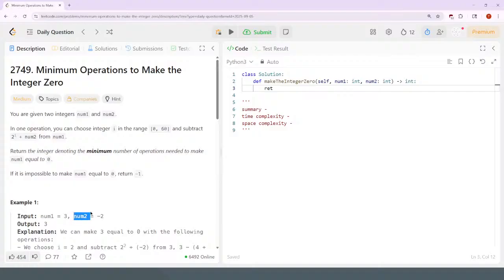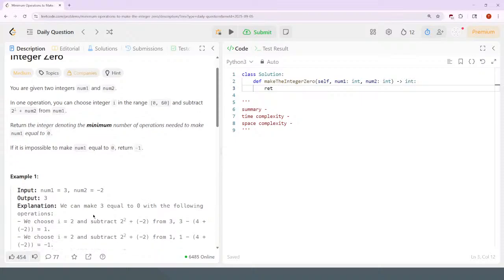So you can choose any power of 2 offset by num2. So like 4 minus 2 or 2 minus 2. 4 minus 2 is just 2 though.